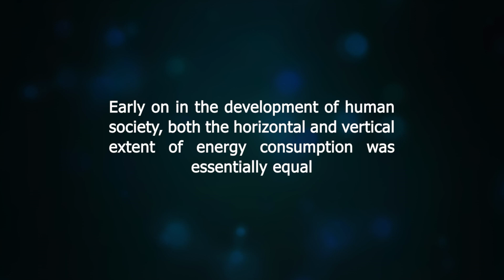It is convenient to claim that change in the rates and patterns of energy consumption have closely followed human social evolution. Early on in the development of human society, both the horizontal and vertical extent of energy consumption was essentially equal. The levels of energy use had been kept to a minimum, and there were very few opportunities to store any surplus.